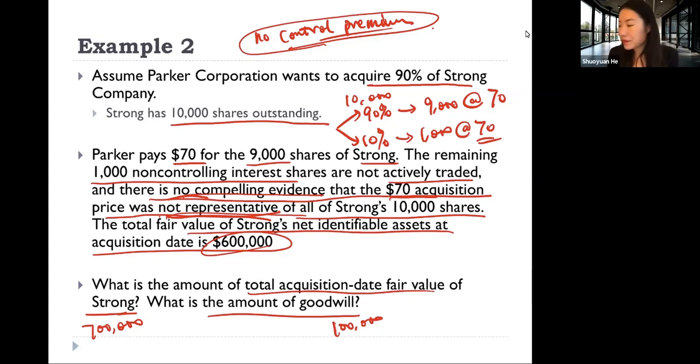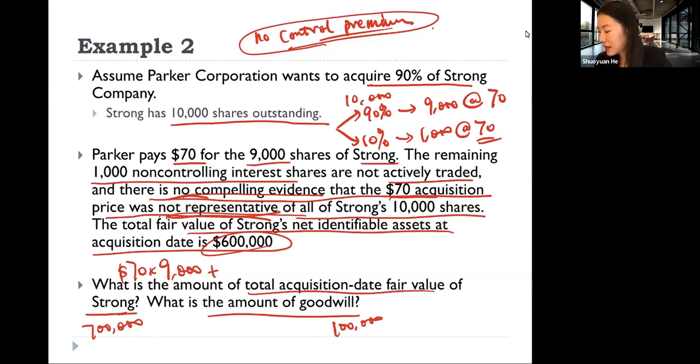The total acquisition date fair value of Strong is basically the consideration transferred plus the fair value of the non-controlling interest. The consideration transferred is $70 per share multiplied by 9,000 shares. And the fair value of non-controlling interest is $70 per share multiplied by the other 1,000 shares.